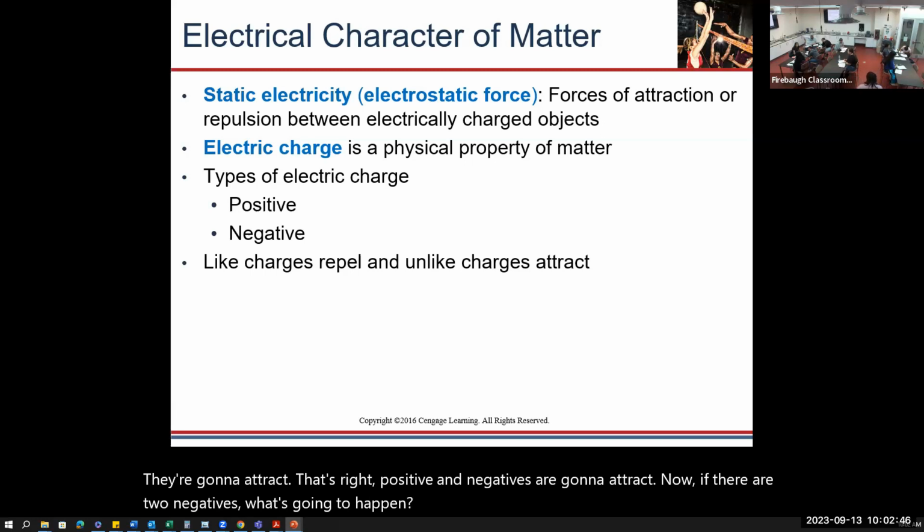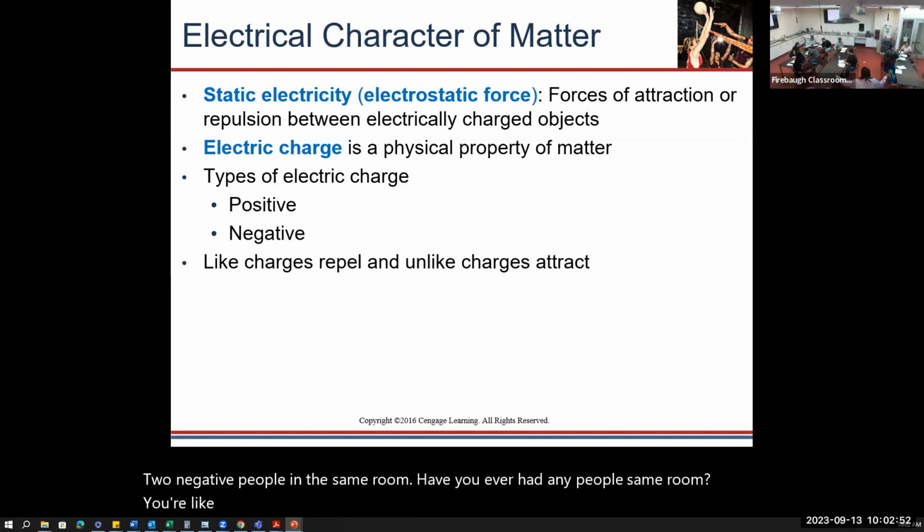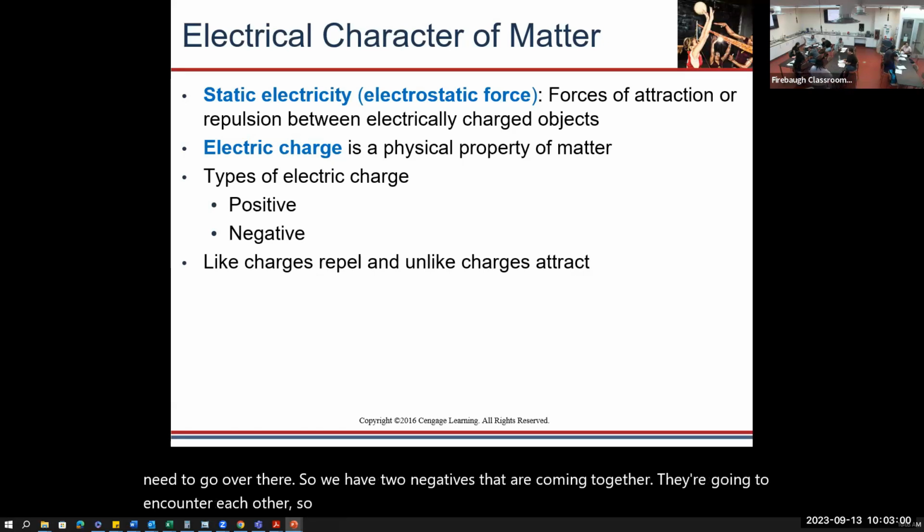Have you ever had two negative people in the same room? You're like, no, you guys gotta get away from each other. So if we have two negatives coming together, they're gonna repel each other. So like charges repel, unlike charges attract.